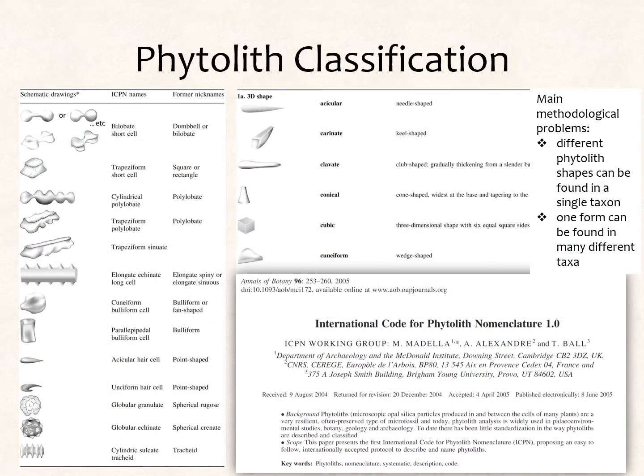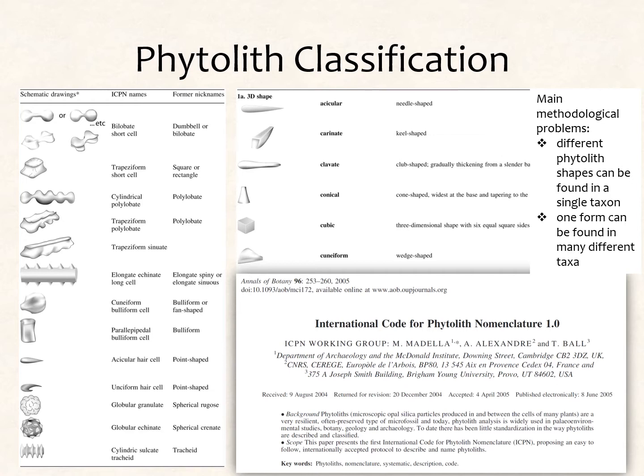Phytolith analysis is a developing discipline, and there are still identification problems to be resolved. These are of multiplicity compared to seed remains, because many different phytoliths can be found in a single taxon, and at the same time one form can occur in many different taxa.